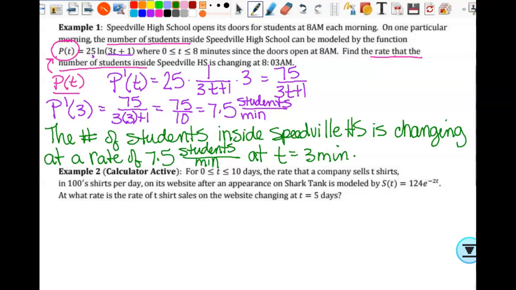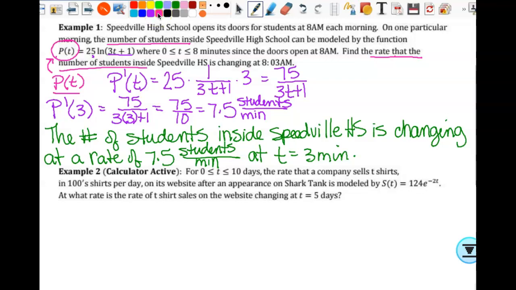See how it's basically the same concept as PVA? It's just not about a particle moving back and forth. Any questions at this point? All right, so let's look at the calculator active one, but we're going to talk about things before we worry about the calculator.